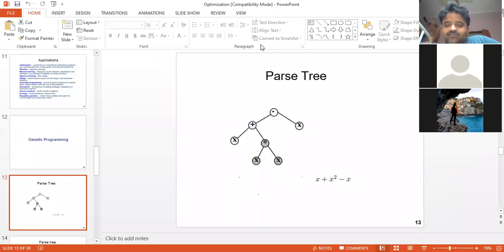This is a parse tree. Suppose x plus x square minus x. See here, this minus is represented here.